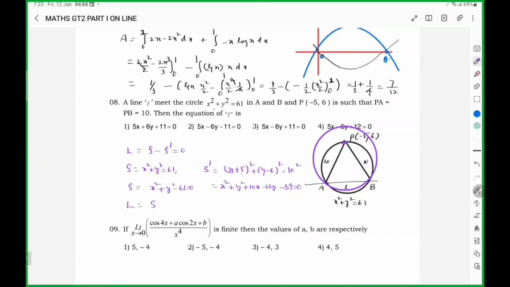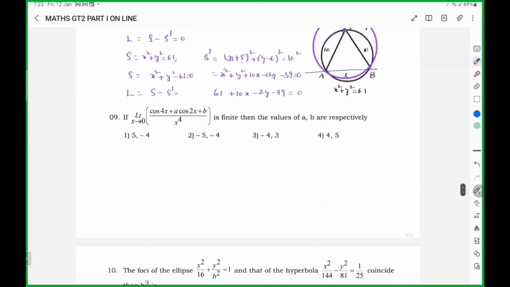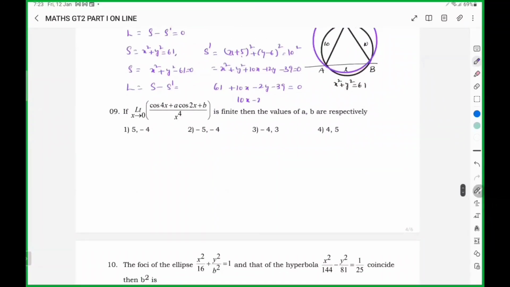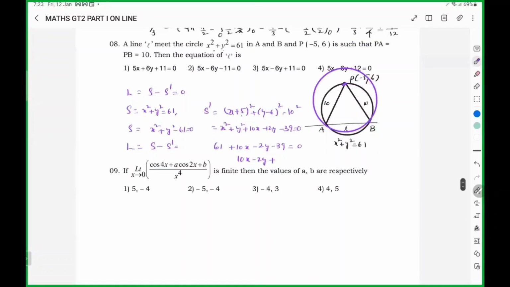So L here is S minus S dash, that is 10x plus 12y minus 39 equals 0, which gives 5x plus 6y plus 11 equals 0.